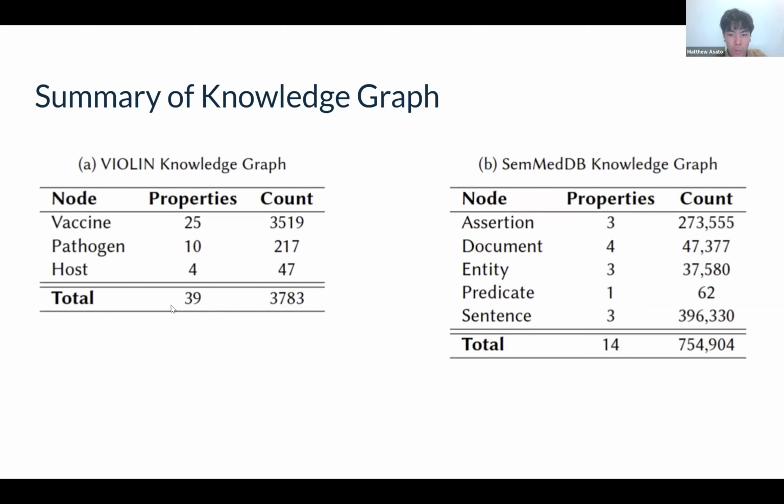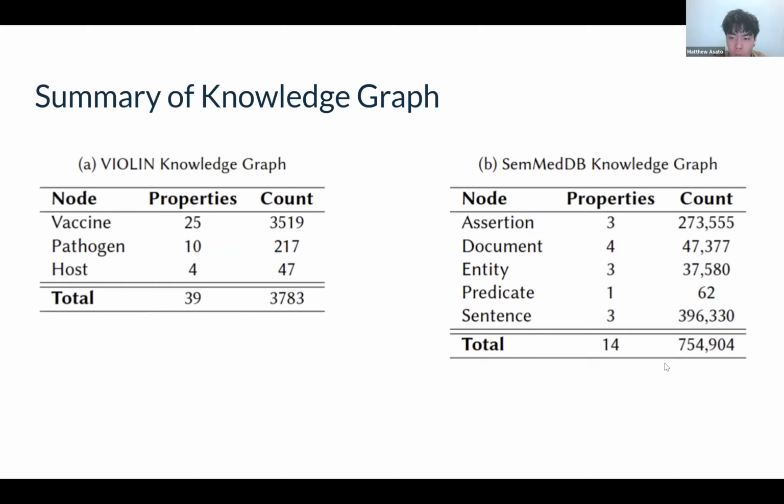You can see this by the property count. But also note that these properties are pretty detailed. There's a lot of content in each of these properties, whereas in SemmedDB, there's a lot of nodes and fewer properties, and in the properties themselves, there's less information.